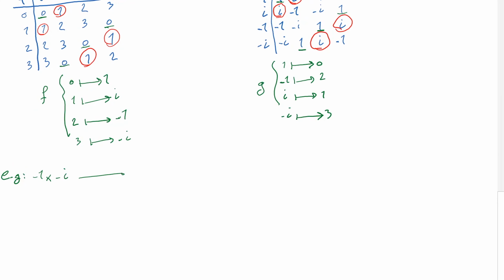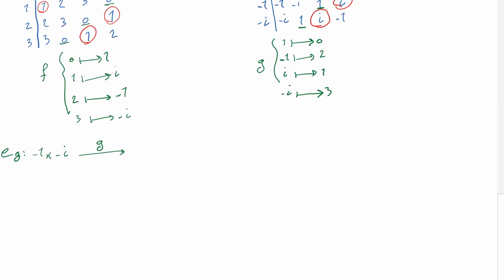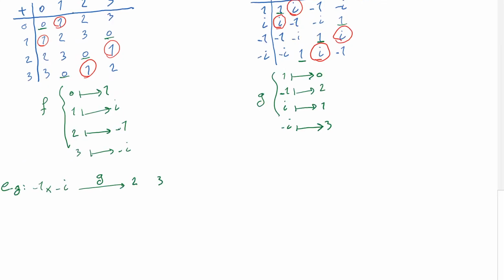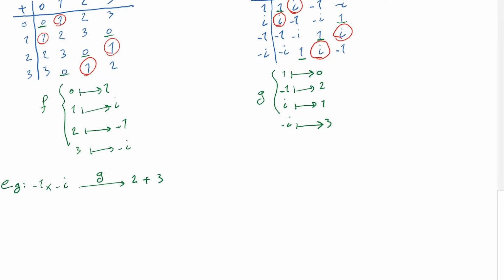That means I can use the function g to map these elements to the elements of the first group, the Z4. Based on this definition, -1 is mapped to 2, and -i is mapped to 3. Now I can add 2 plus 3 in this first group.